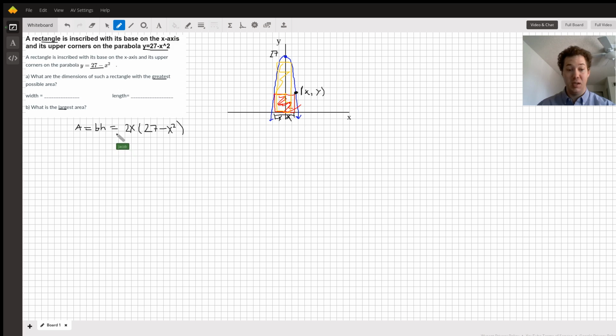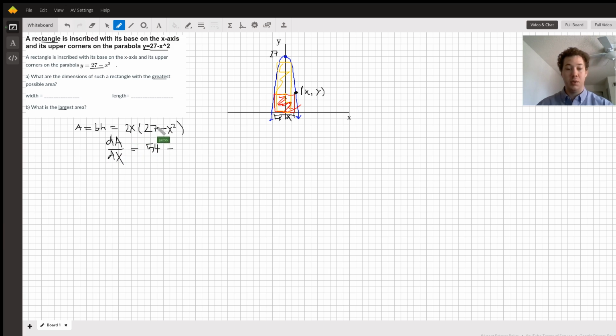Now maximizing any function, all we need to do is take the derivative of that function. So the derivative of this area with respect to x, we get the derivative of this function. So if we distribute, the 2x times 27 is 54x, right? But the derivative of 54x is just 54, so I'll write 54.